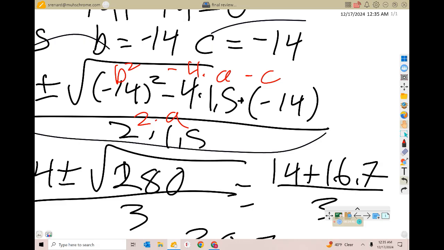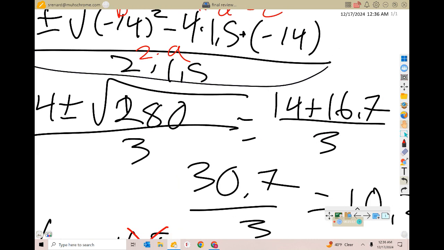My answer is going to be the time that car number 1 has been driving. And if I put negative 16.7, that would mean car number 1 was driving negative 2.7 seconds, right? Can't do that. So we don't need to worry about negative time. It's not a thing. At least not in our reality.